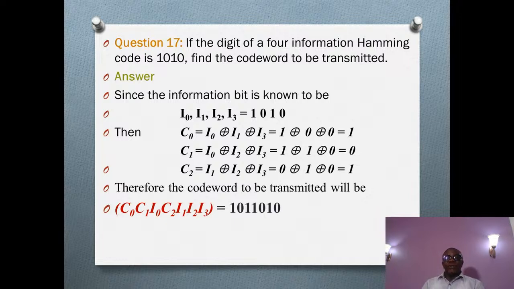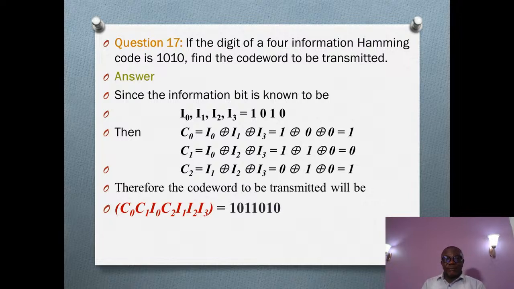So I0 is 1, I1 is 0, I3 is 0. Now, 1 modulo 2 0 is what? 1. Then 1 modulo 2 0 is also 1. So you see the first one, C0, is 1.